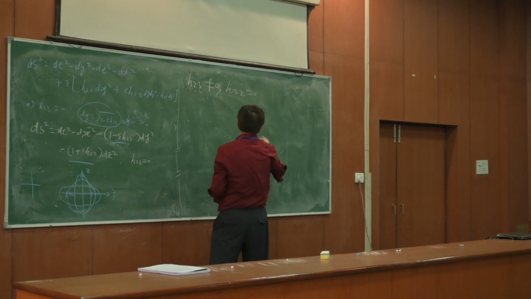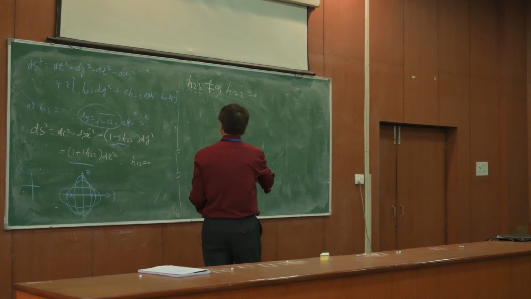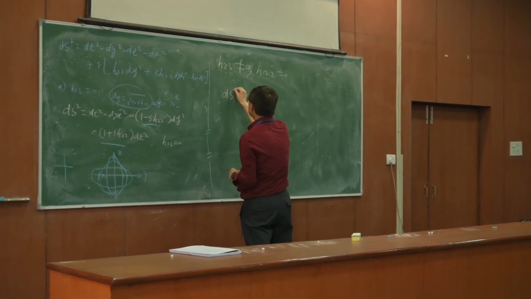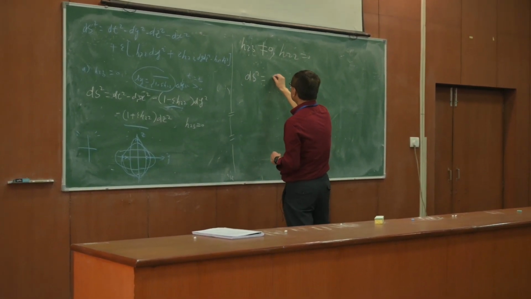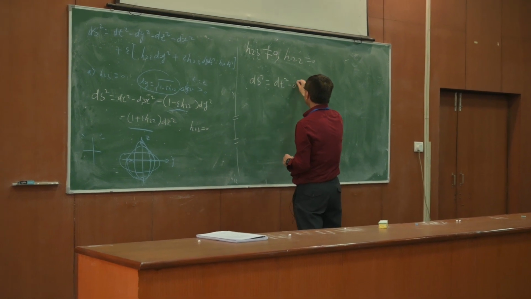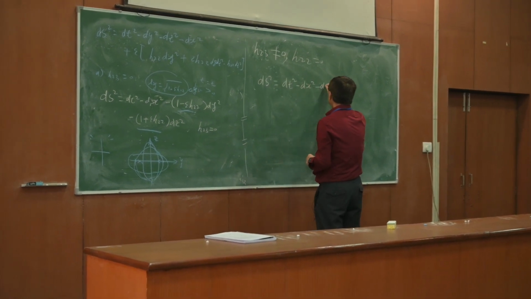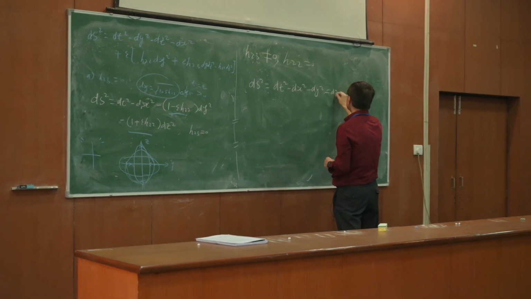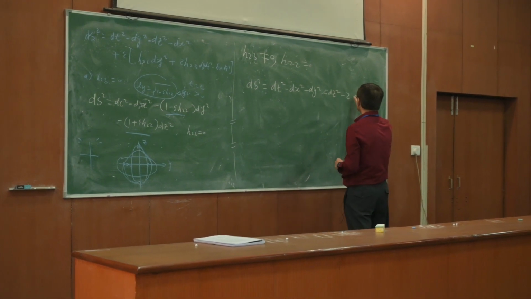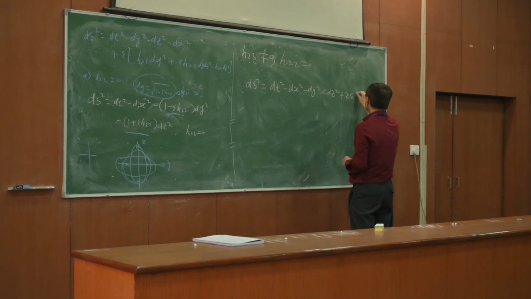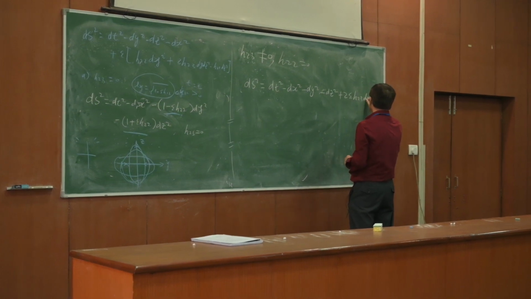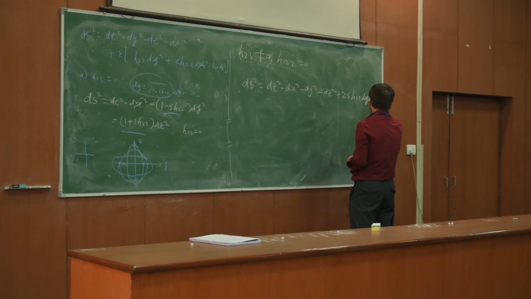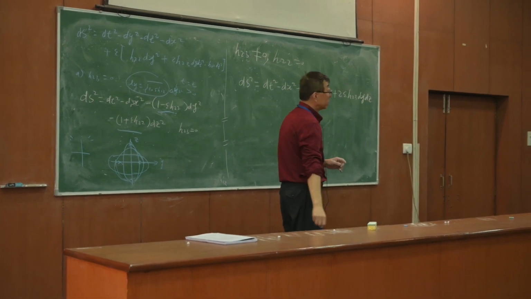Later you can put them together. In this case, ds squared is equal to dt squared minus dx squared, plus 2 H23 dy dz. This is very simple, right?